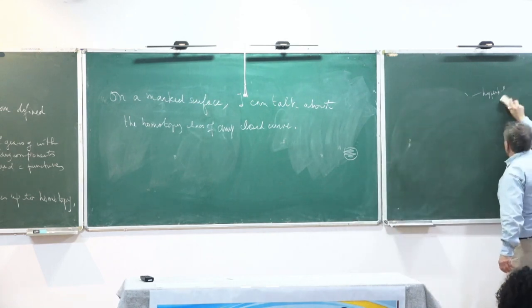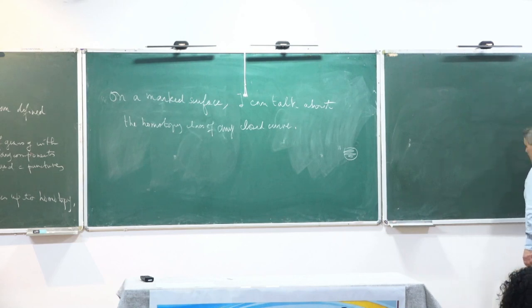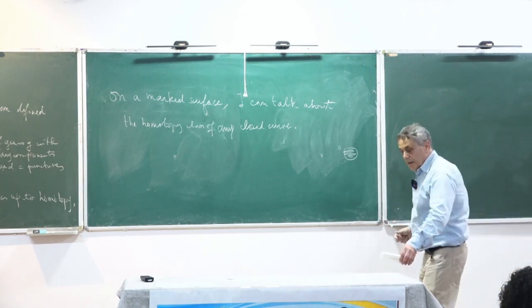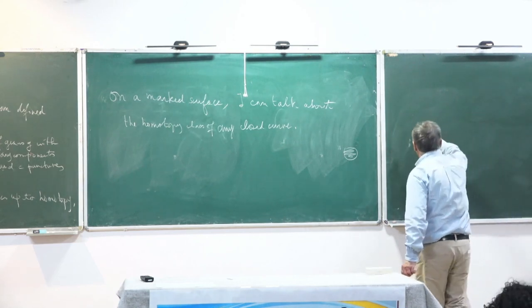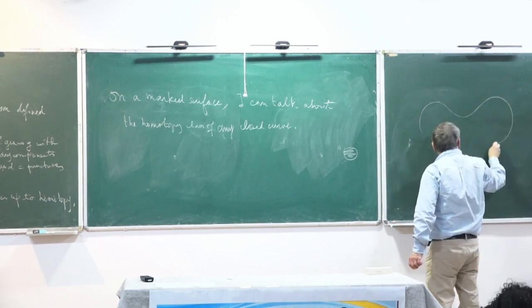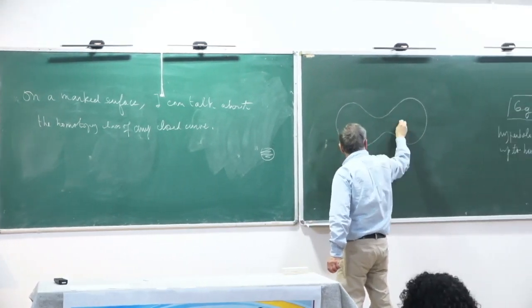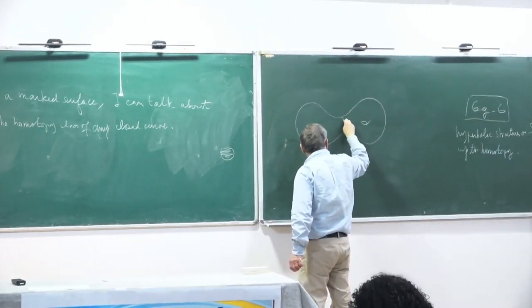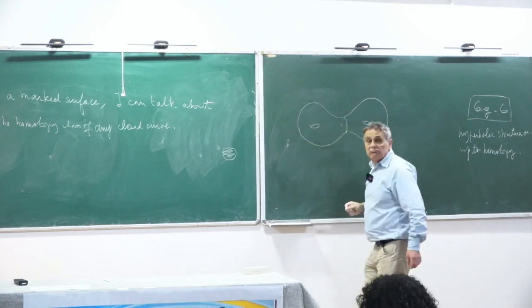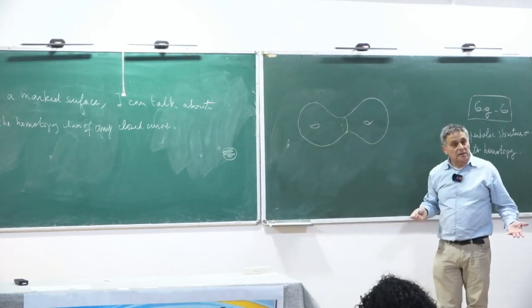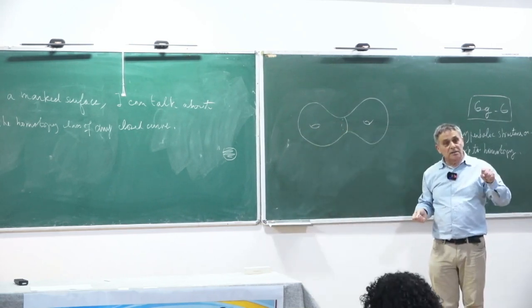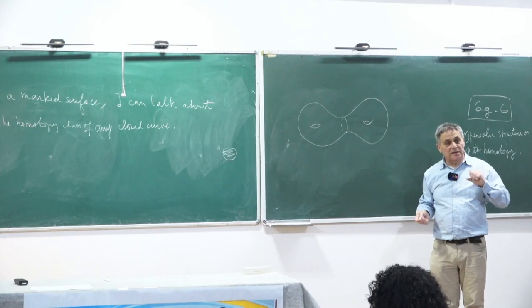Okay, let us draw some closed curves on this surface. This is a closed curve, right? It's not shrinkable to a point. You understand this?